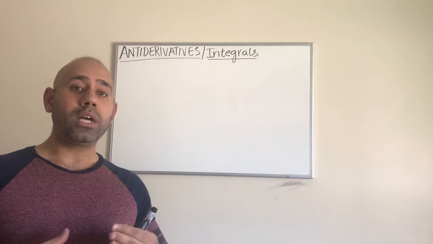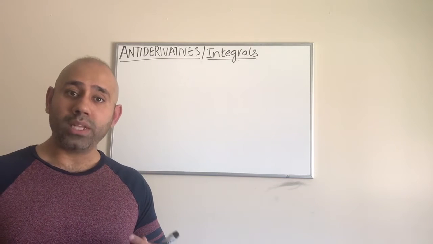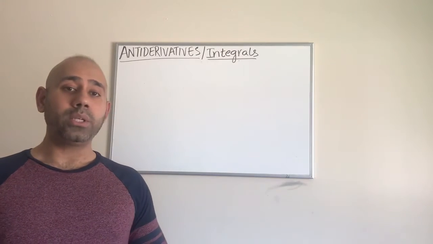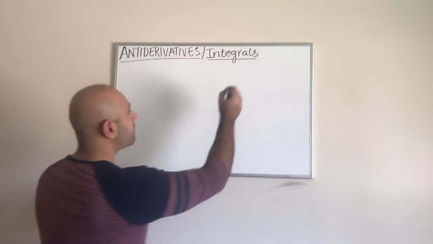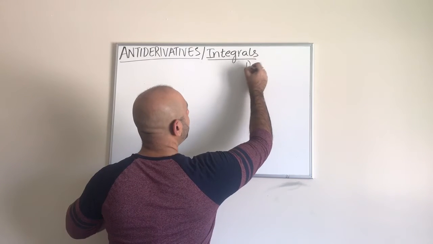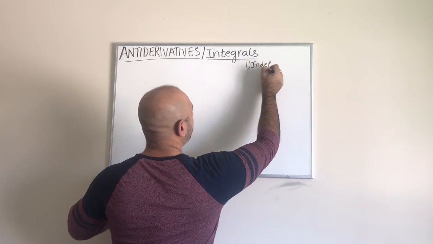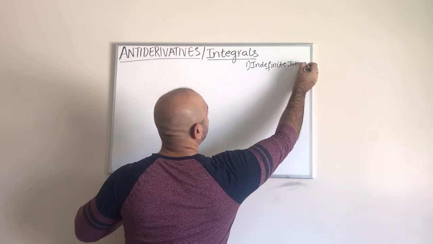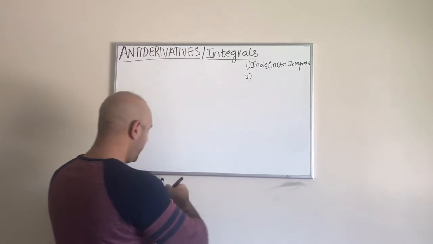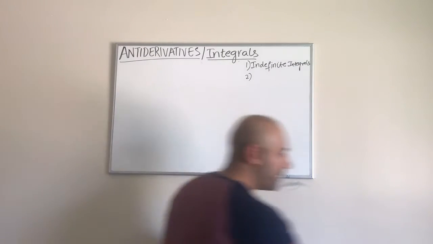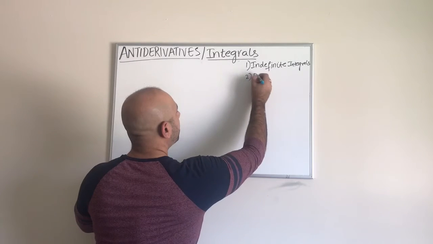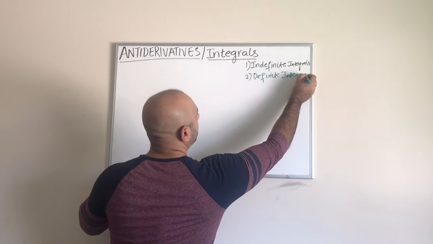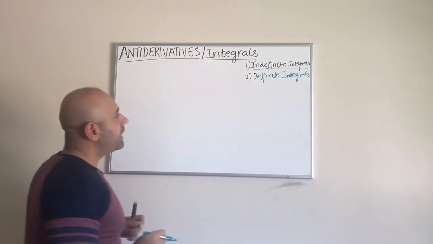Right now we are going to start talking about the indefinite integrals, and once we are confident with finding the indefinite integrals, then we are going to introduce the definite integrals. So right now we are starting with indefinite integrals.